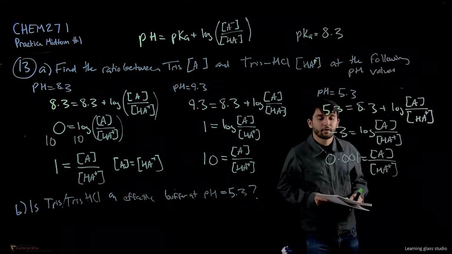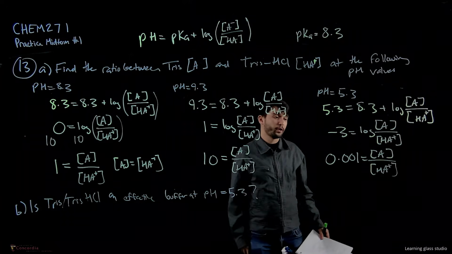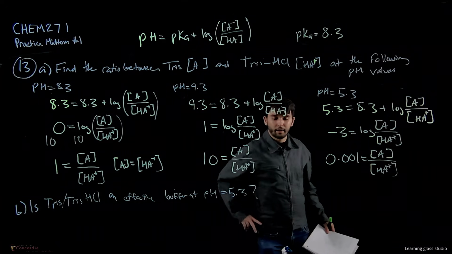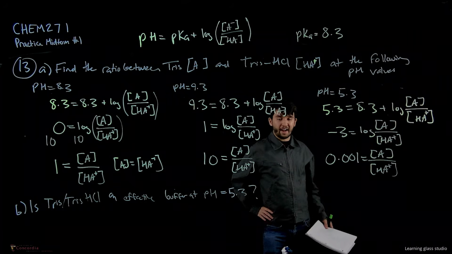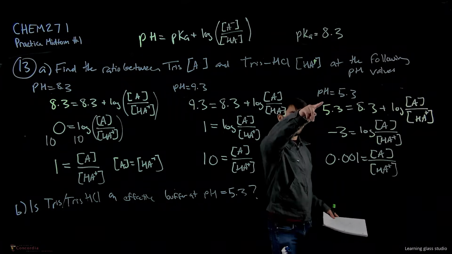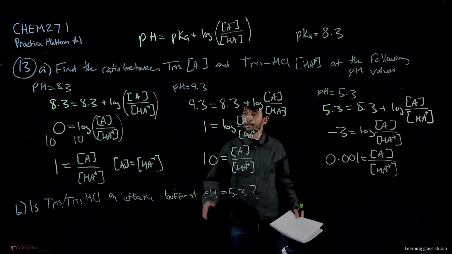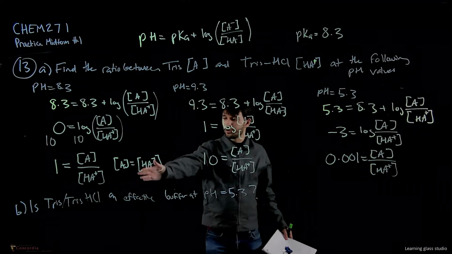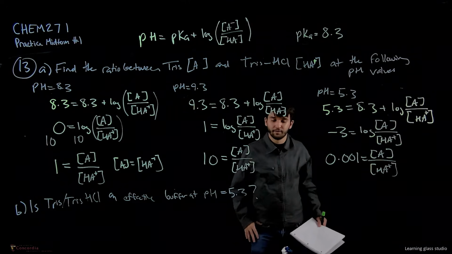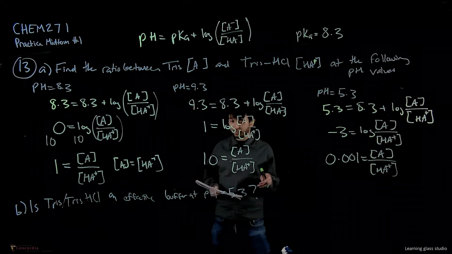So when we have a number less than 1 for our ratio, this means we have more acid than conjugate base. If we have more acid, we expect the pH to be lower than the pKa, which it is. It is more acidic than at the pH where we have equivalent amounts of both the acid and the conjugate base.